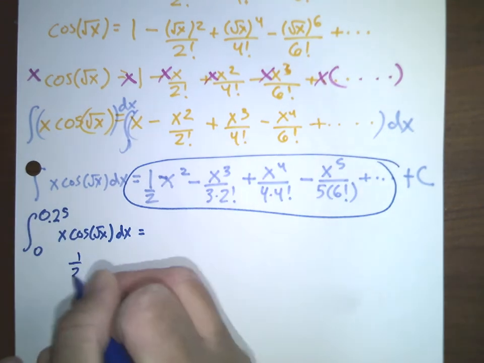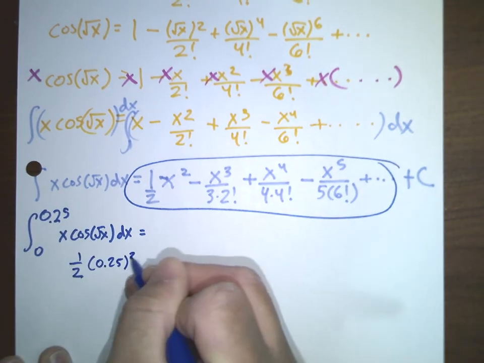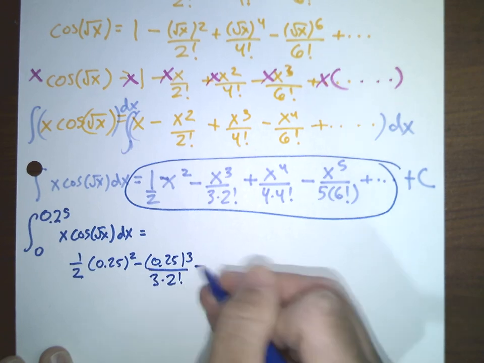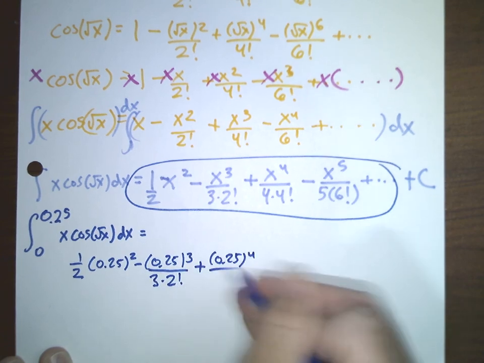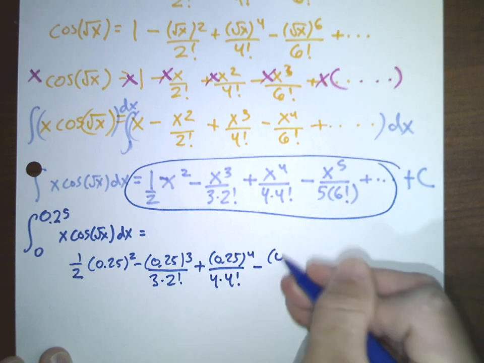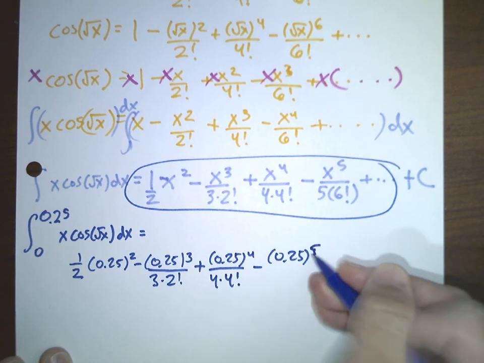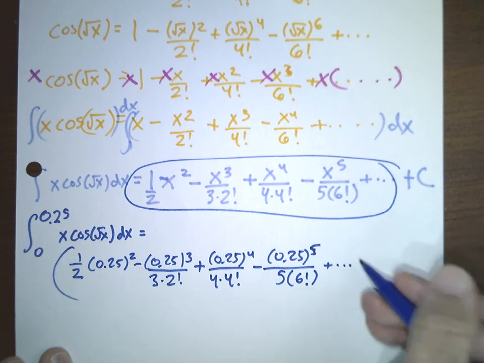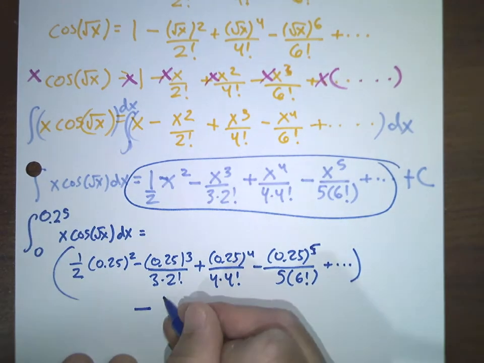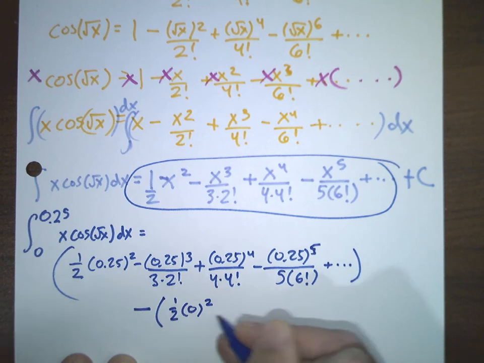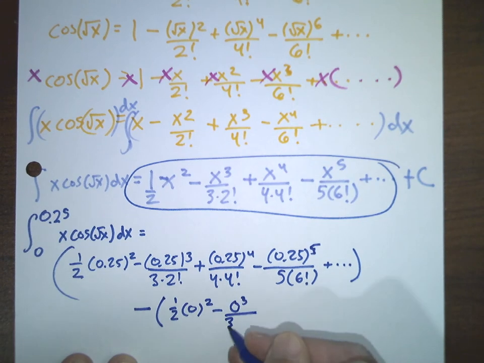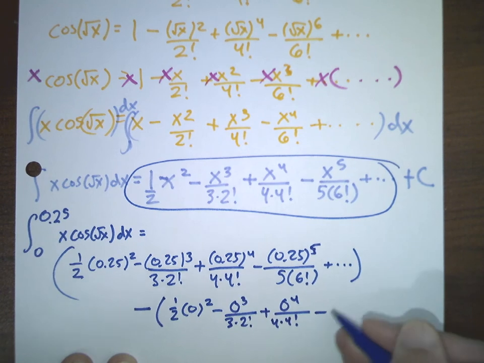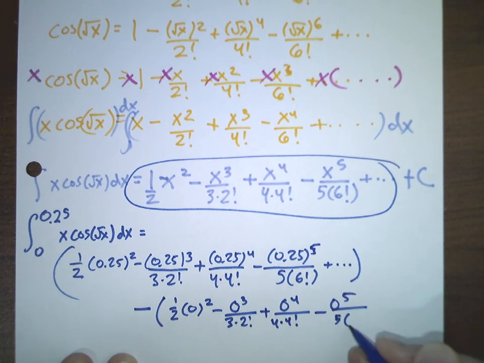So we have 1/2 times 0.25 squared minus 0.25 cubed over 3 times 2 factorial plus 0.25 to the 4th over 4 times 4 factorial minus 0.25 to the 5th over 5 times 6 factorial, and so on, but then minus the 1/2 times 0 squared minus 0 cubed over 3 times 2 factorial plus 0 to the 4th over 4 times 4 factorial minus 0 to the 5th over 5 times 6 factorial.